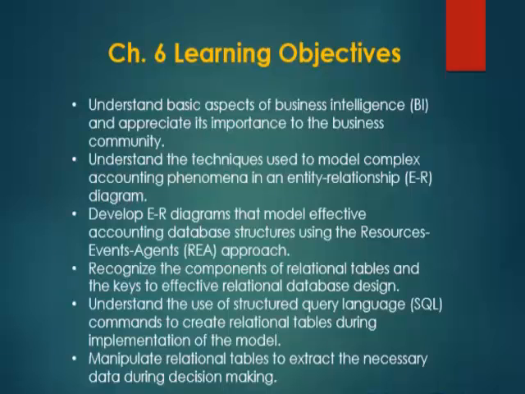Recognize the components of relational tables and the keys to effective relational database design. Understand the use of structured query language commands to create relational tables during implementation of the model. Manipulate relational tables to extract the necessary data during decision-making.